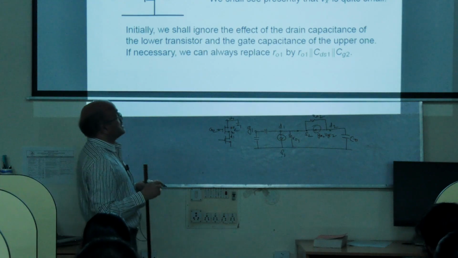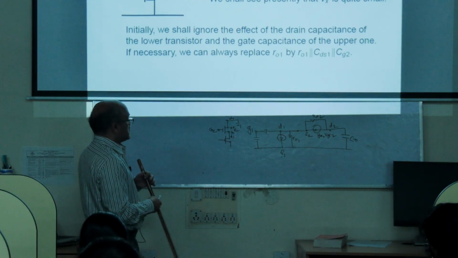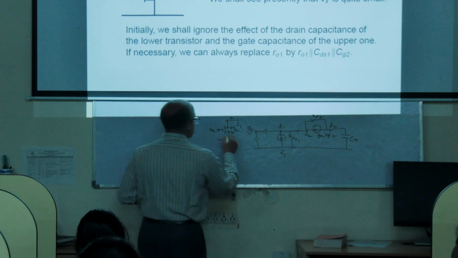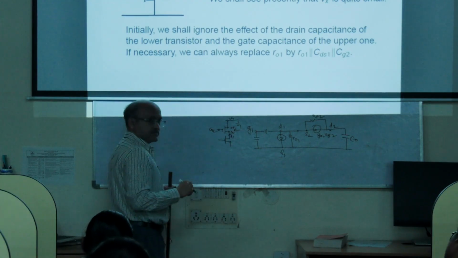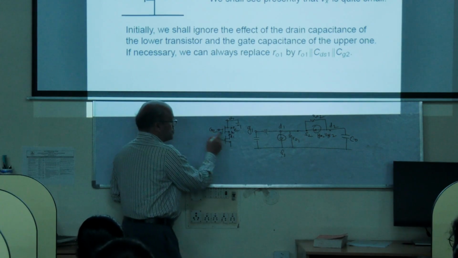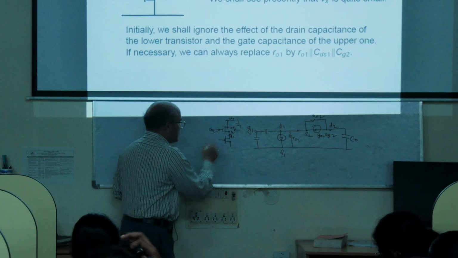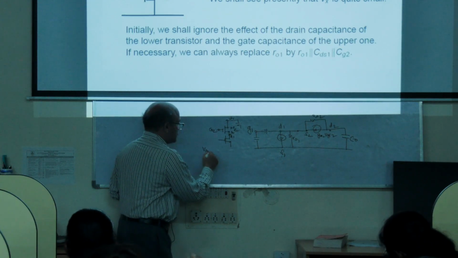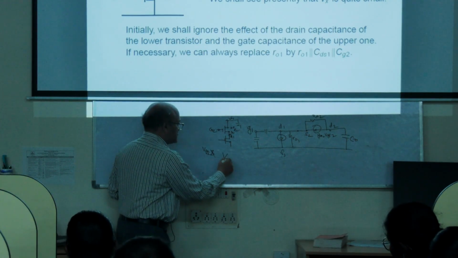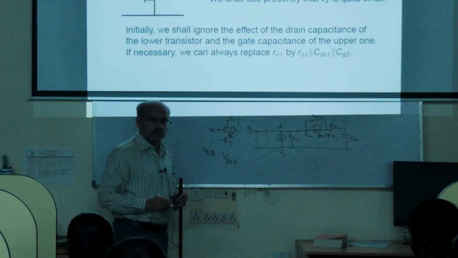Now if you represent this node as X, so this is GM2 VGS2, and VGS2 is now X. Am I right or not?